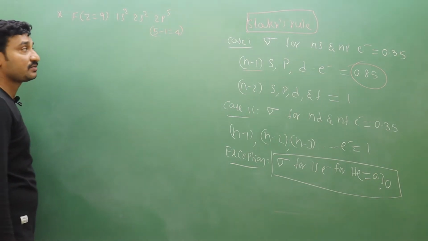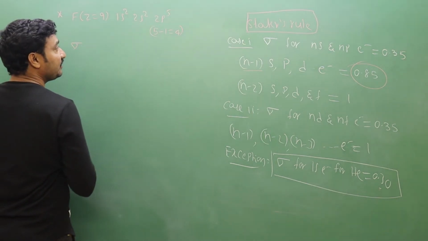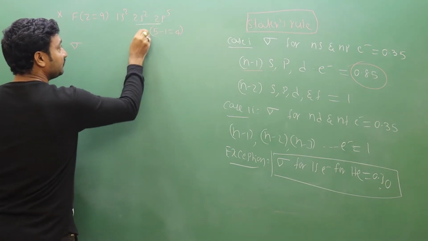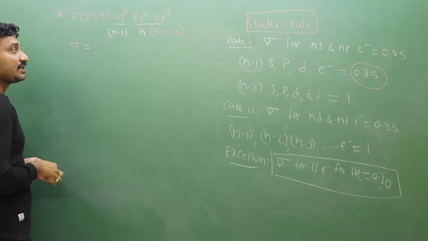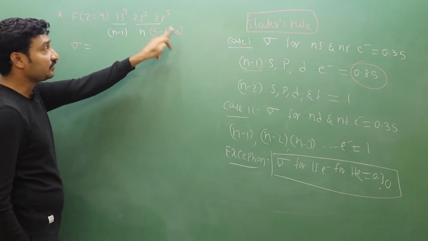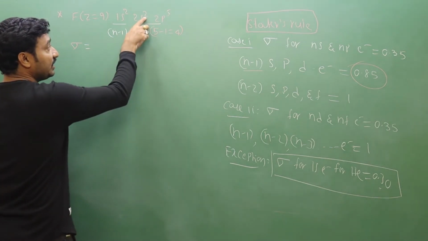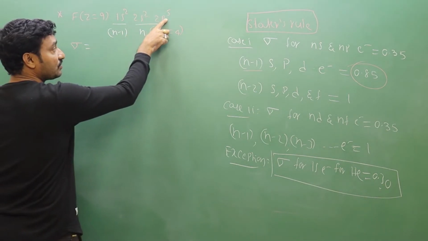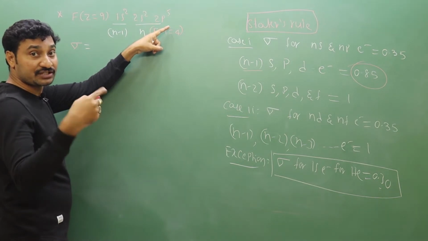Remaining 4 electrons. Then sigma equal to, this is the nth shell, and this is n minus 1. In the nth shell, how many electrons are present? Here 2 electrons, here 4 electrons. Total 6 electrons. Total 7 electrons, but you exclude 1 electron.